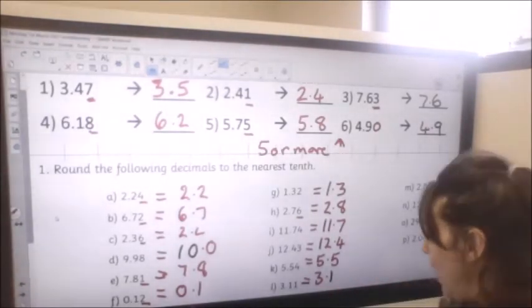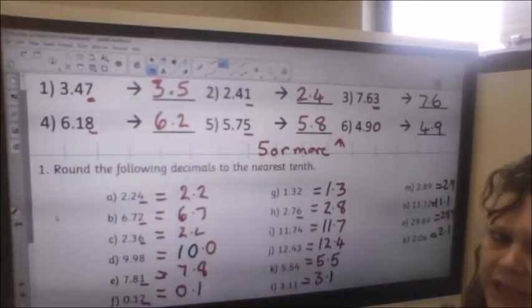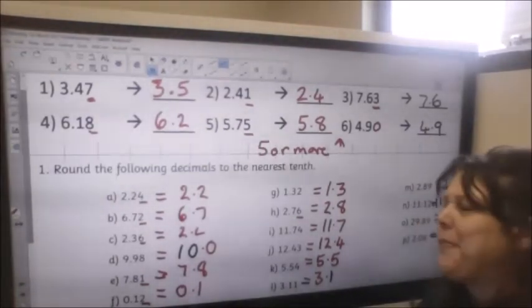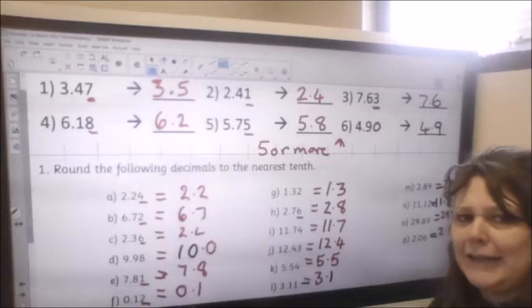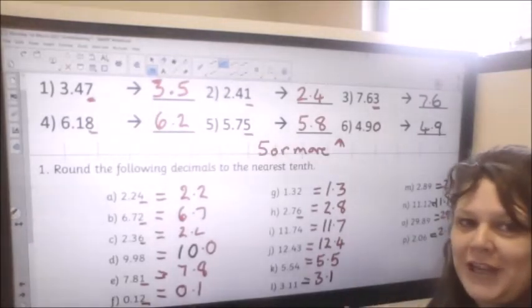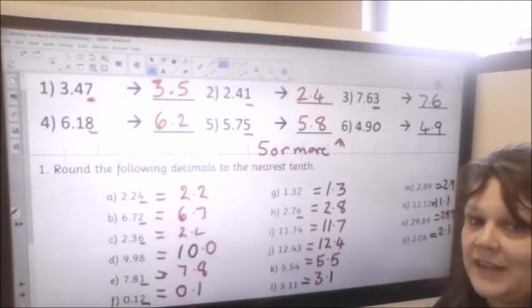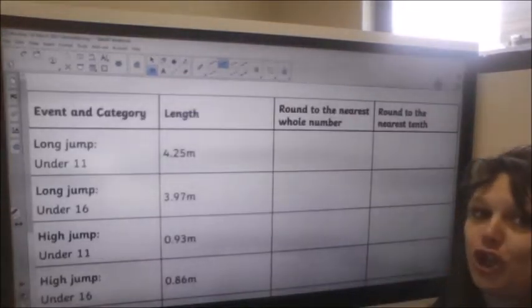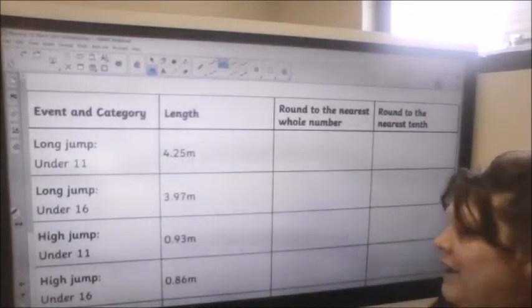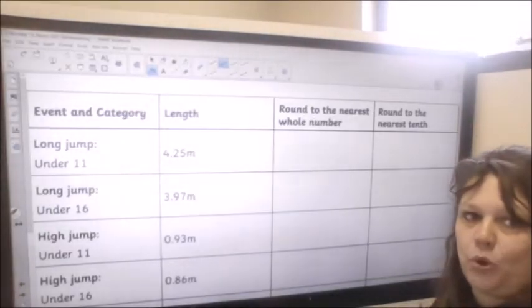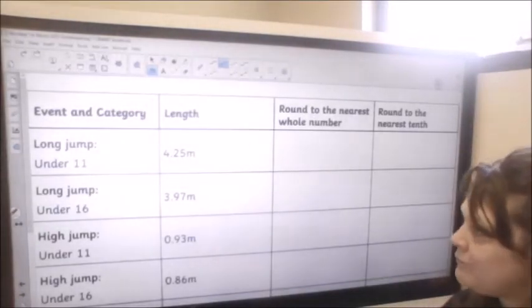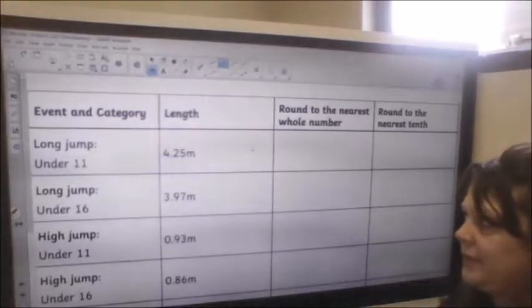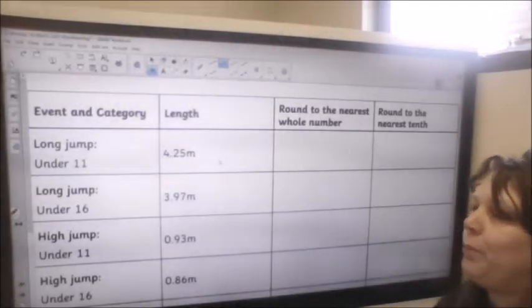Okay, so now you should be really, really brilliant at rounding to the nearest whole number and rounding to the nearest tenth. So I've got a little task that combines the two. Here are some events in a sports day. The long jump winning jump was 4.25.